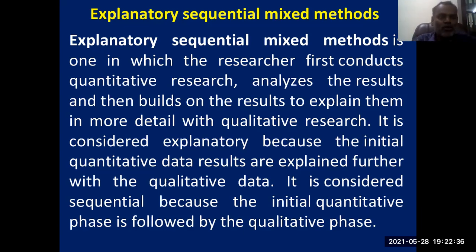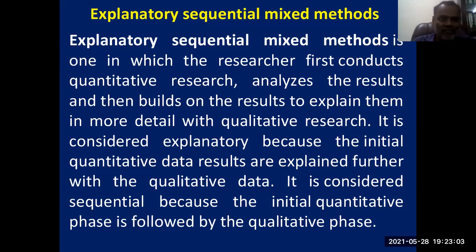Once you finish your quantitative component and analysis, you come up with the results. Those results are explained using qualitative research. It is considered explanatory because the initial quantitative data results are explained further with the qualitative data. It is considered sequential because the initial quantitative phase is followed by a qualitative phase.